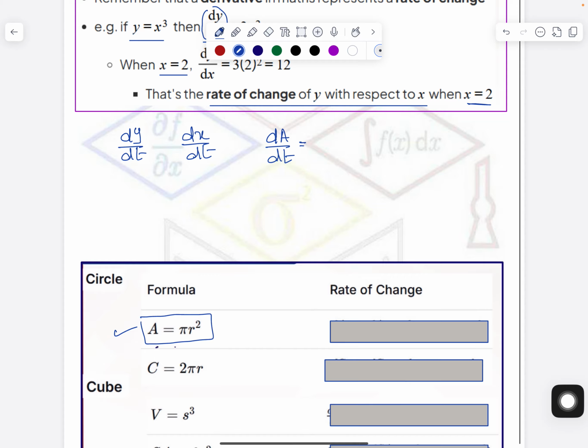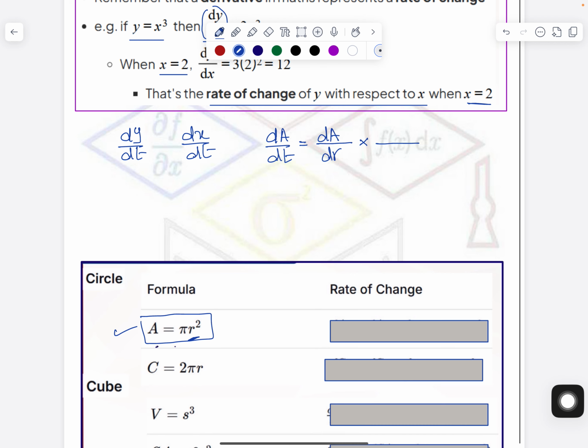So you will apply the chain rule concept here. You will differentiate A with respect to the variable given in the formula, which is r, and then dr with respect to dt. This is how the rate of change of A will be connected with t through r.